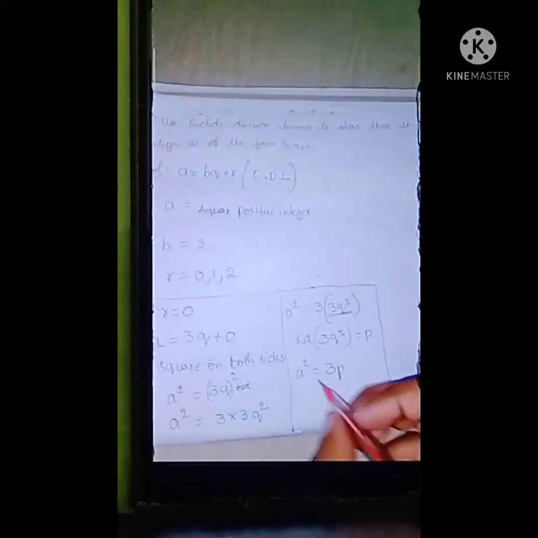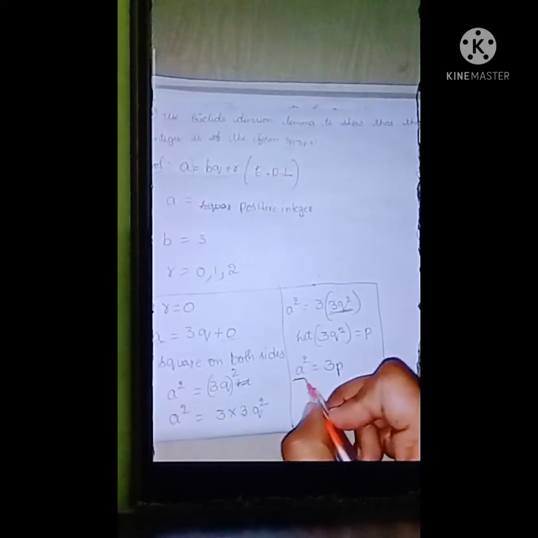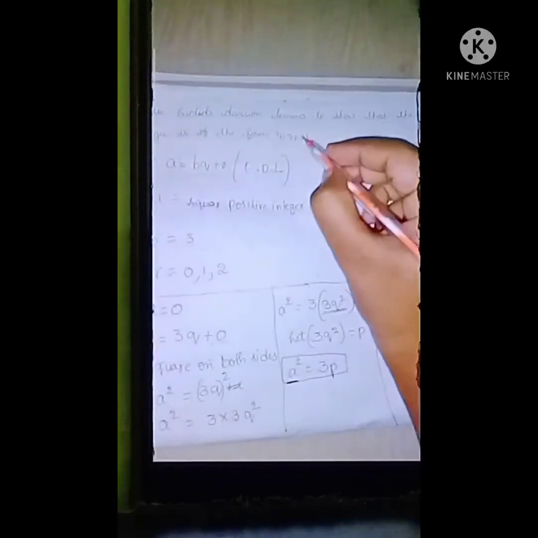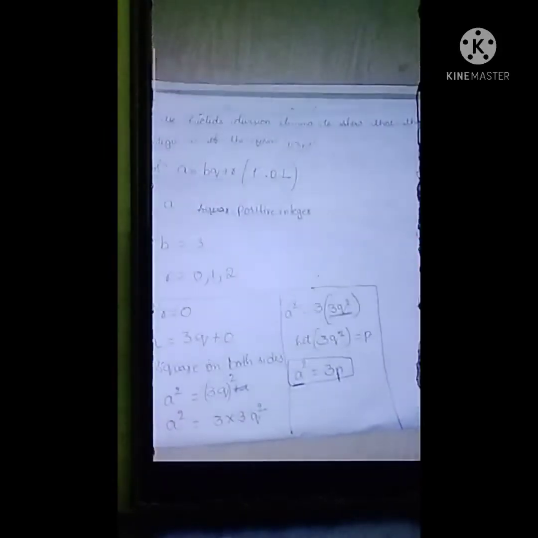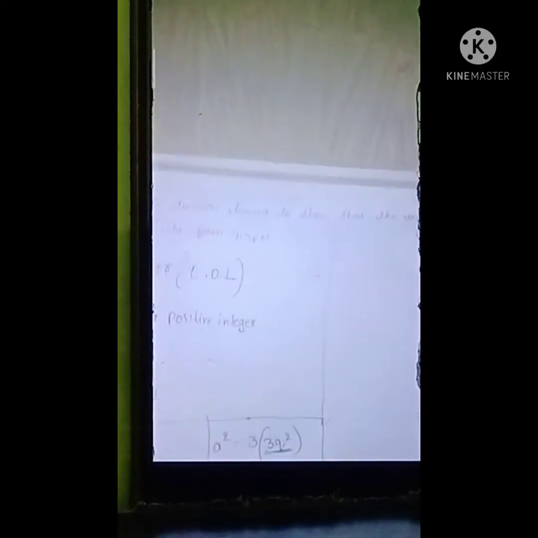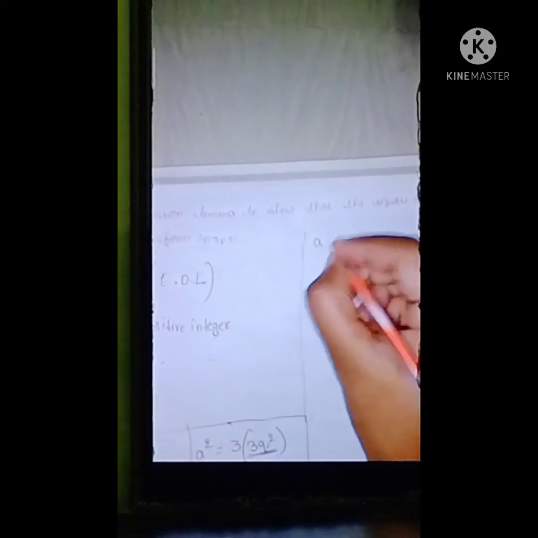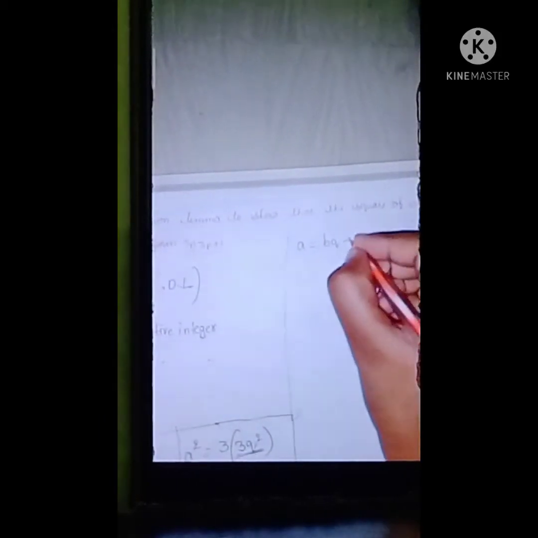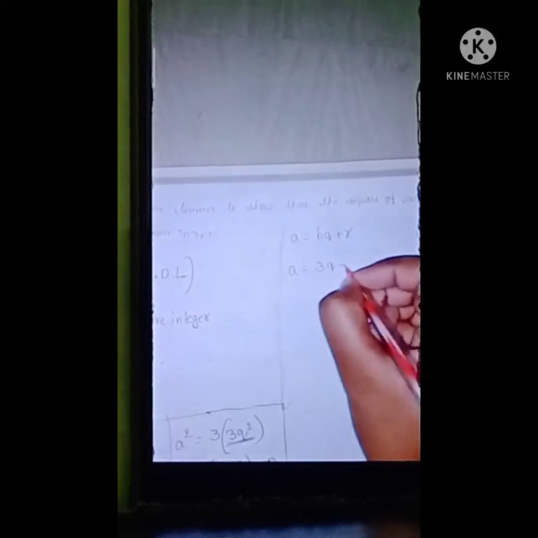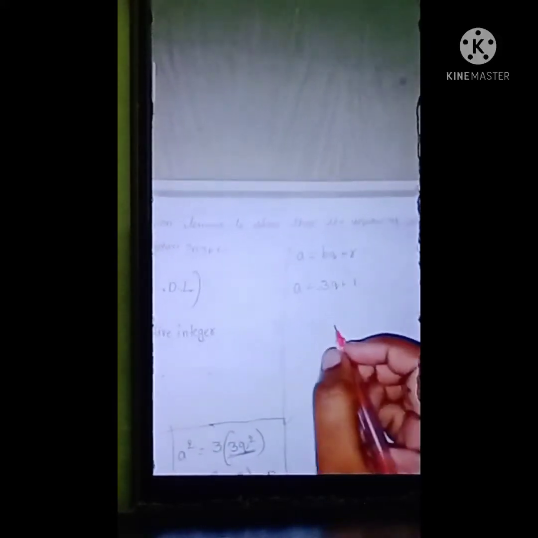Yes, we showed that any positive integer square in the form of 3p, and we also have to show 3p plus 1. So we are going to do that now. See, take the equation a is equals to 3q plus r. Now take r value as 1.